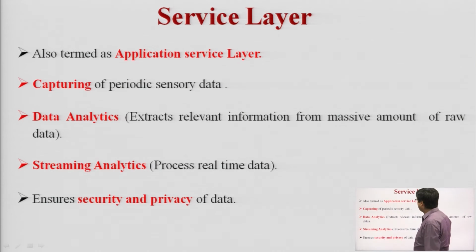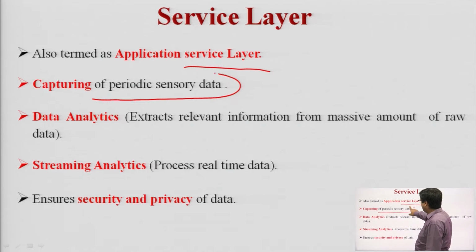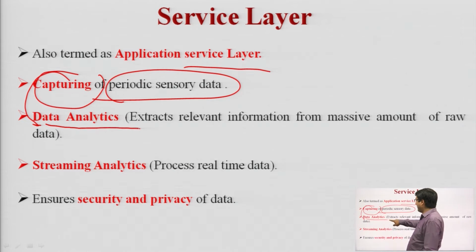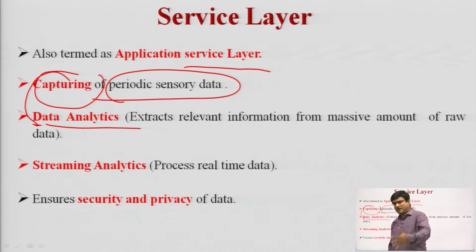After that, there is a service layer. Service layer means whatever IoT we have deployed, we are using it for a service. So the application service layer means the capturing of periodic sensory data. Periodic sensory data is the data we have gathered through the sensors, we are capturing the data from the environment. After capturing the data, we are doing data analytics. Data analytics means we can analyze the data collected from the environment by using the sensors.